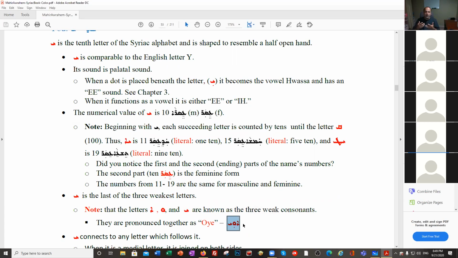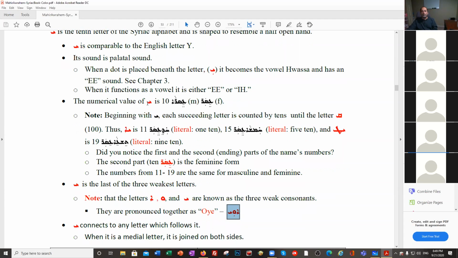When we get hurt, honestly, we say Oi. It's coming from those 3 weakest letters. So those are the 3 letters where we got hurt, which means we feel weak. Oi. All right, back to the top here.